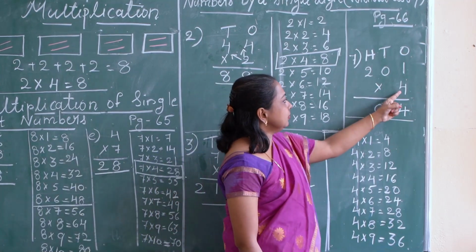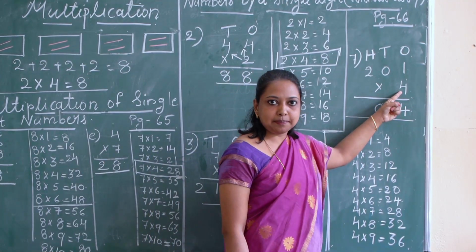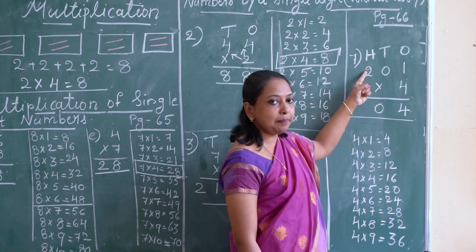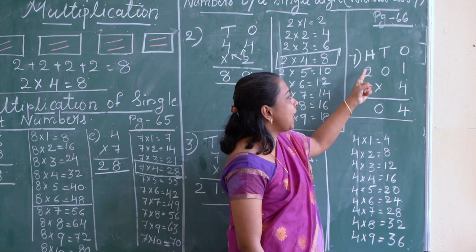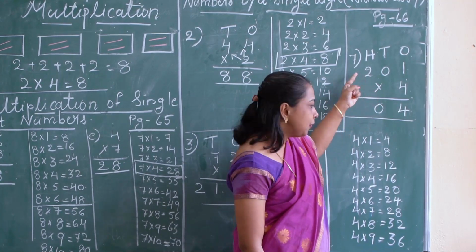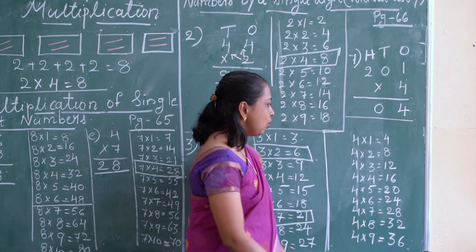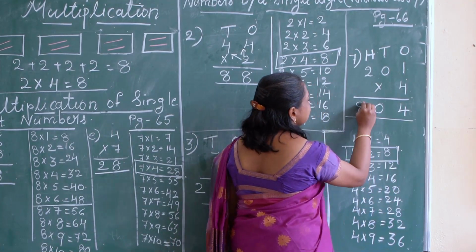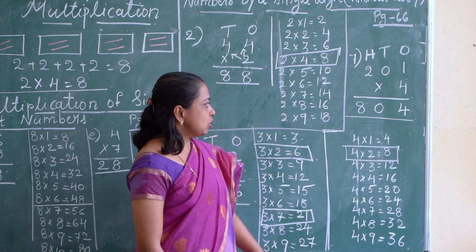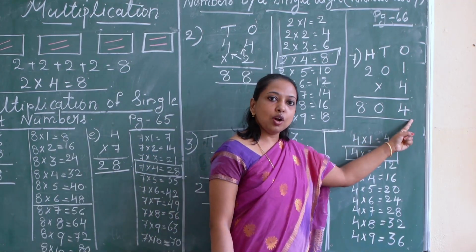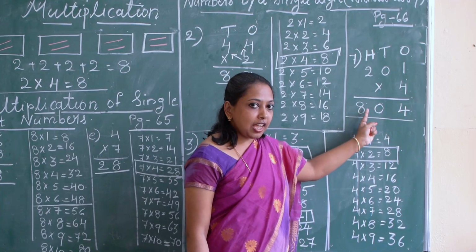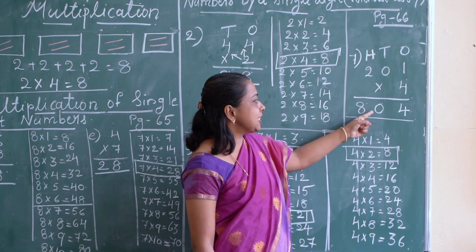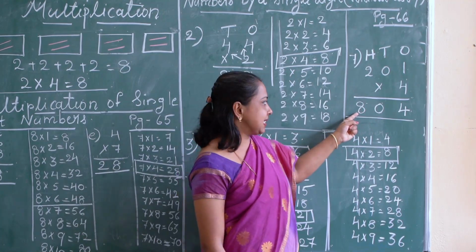Now, third step. 4 multiplied by the digit at the hundred place. 4 multiplied by 2. 4 twos are, from the multiplication table we got 4 twos are 8. So you can write 8 over here. So we got the answer 804. In 804 you already know 4 at the ones place, 0 at the tens place and 8 at the hundred place.